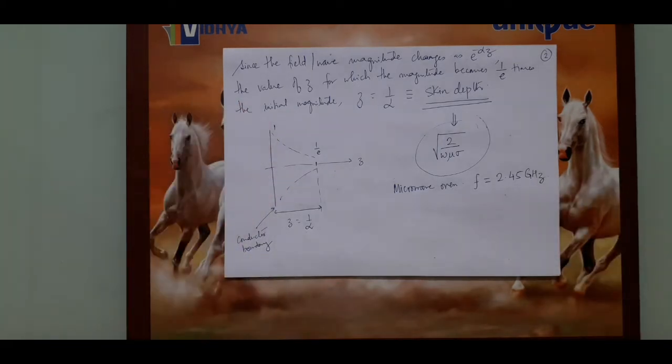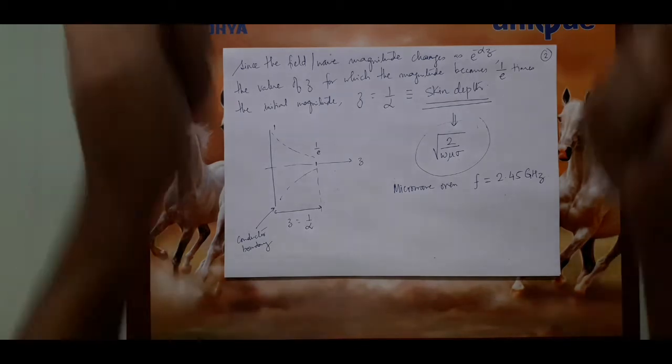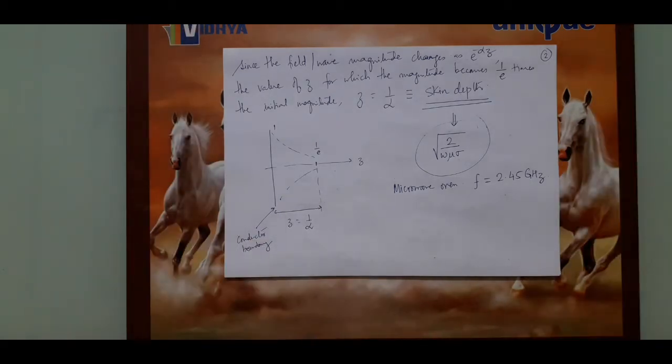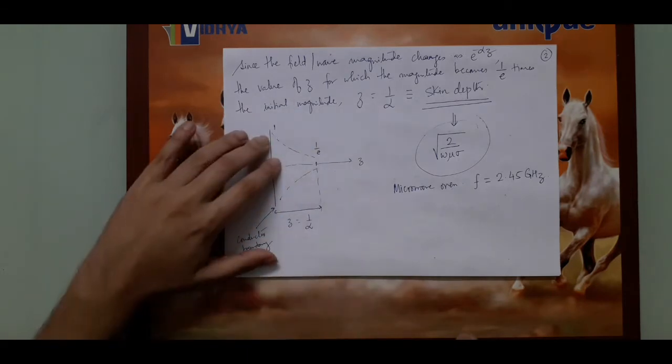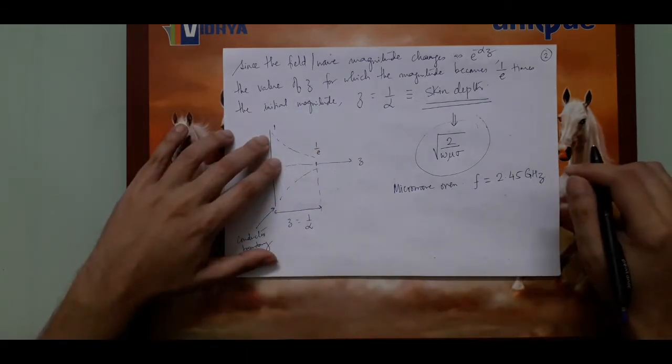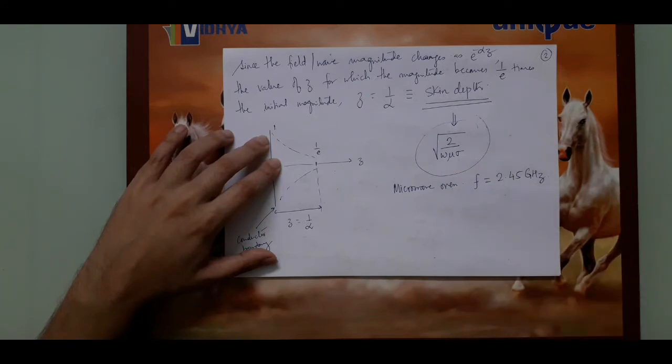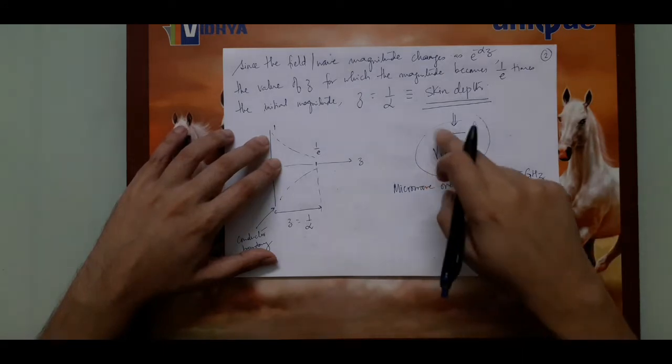Now let us say I take a thick metallic vessel and put it inside the microwave oven with some food inside to cook, and the microwave source is hitting that metallic vessel body. The question is, how deep can the wave propagate inside the metallic body? That is given by the skin depth.